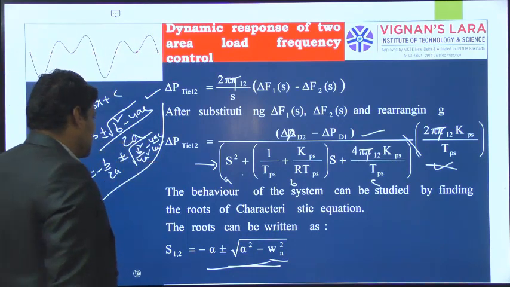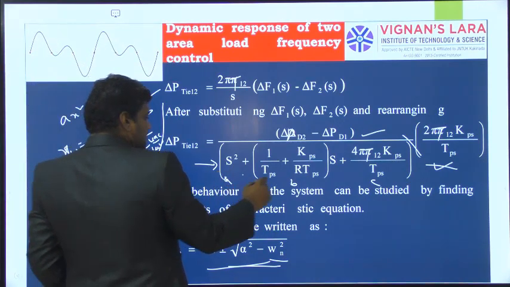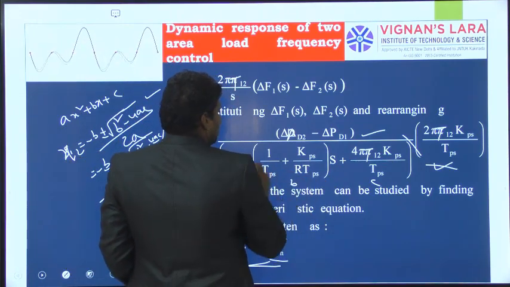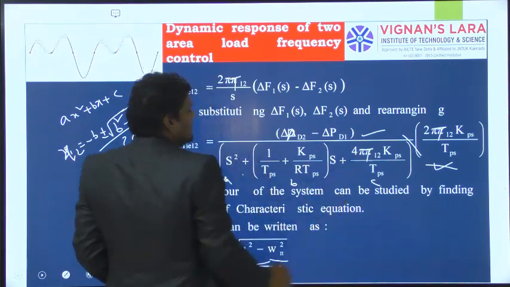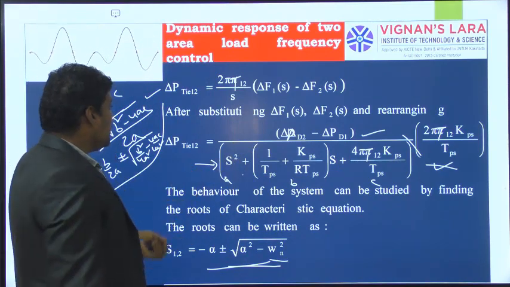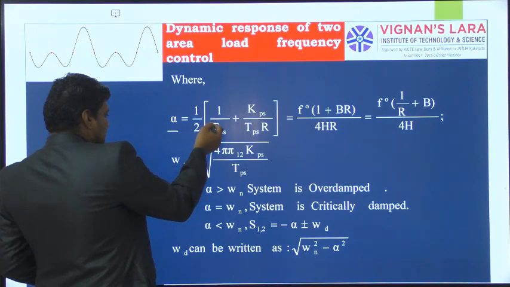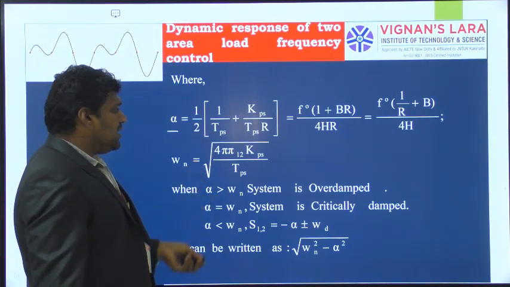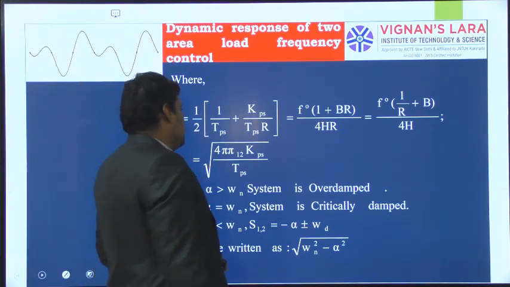Similarly we are representing here: this is a, b and this c. So this entire thing will be b and this entire thing will be c. After substituting a, b, c in this expression, you can write the variable alpha as 1 by 2 into 1 by Tps plus Kps by Tps into R.